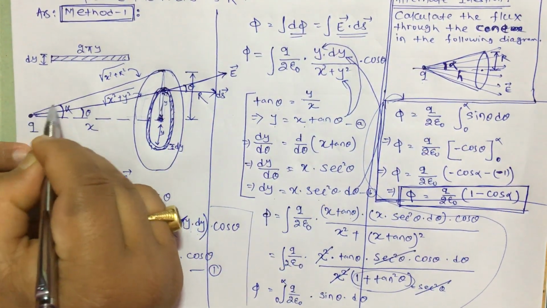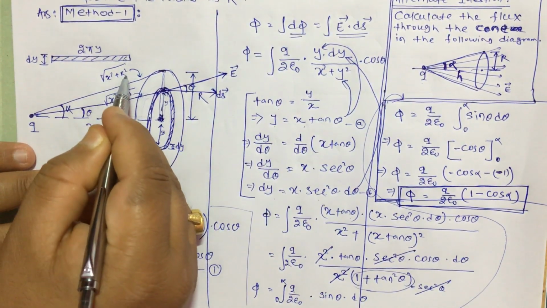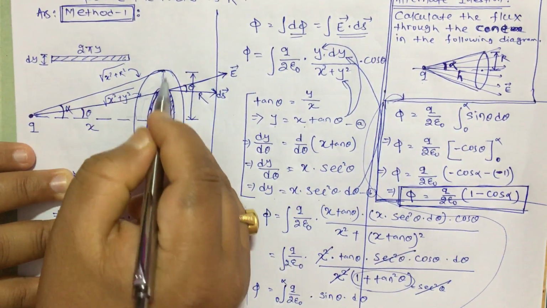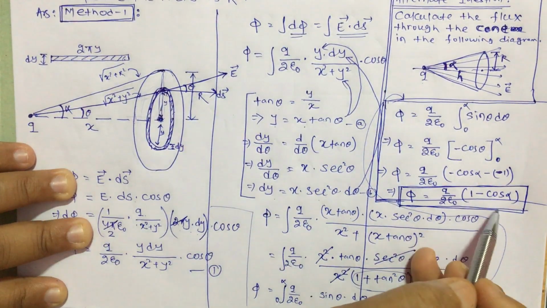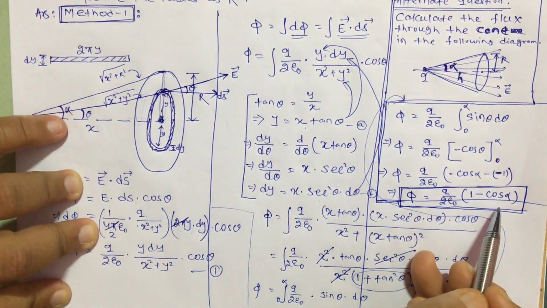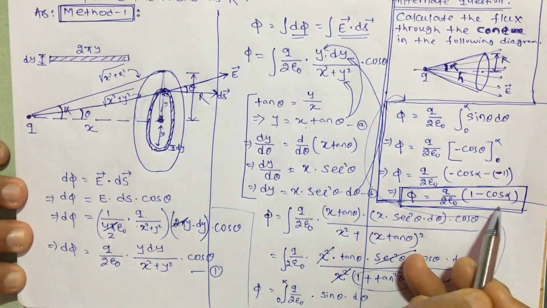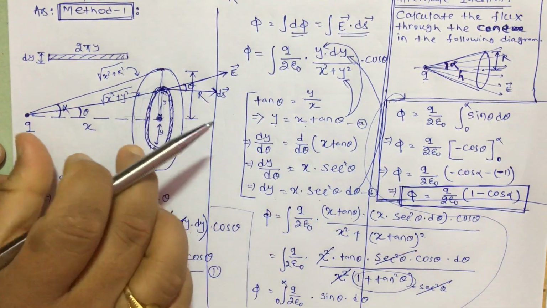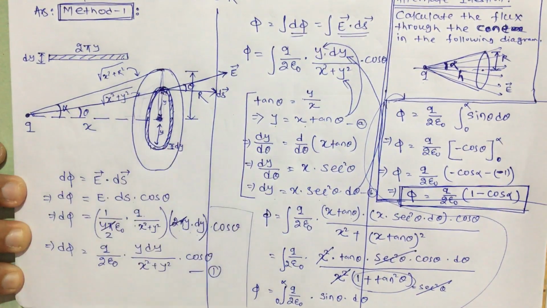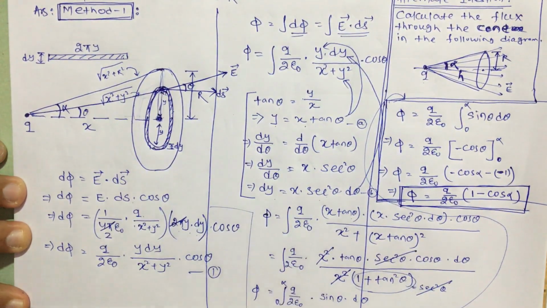I am talking about this distance. This will be root over of x square plus r square, because this total distance is r. So if by chance alpha is not given, and the question is given in terms of x and r, then you can replace this cos alpha by x by root over of x square plus r square, and that will be the final answer.